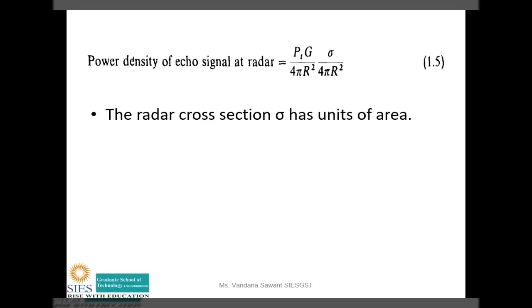The power density which is re-radiated backward, also called the echo signal at the radar, is equal to PtG upon 4 pi r square into sigma upon 4 pi r square, where the radar cross-section area sigma has units of area, and it is the power occupied in all directions or the various directions.